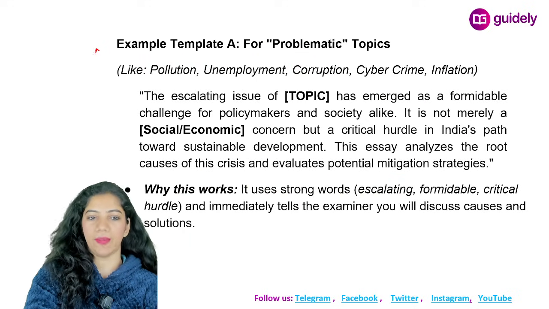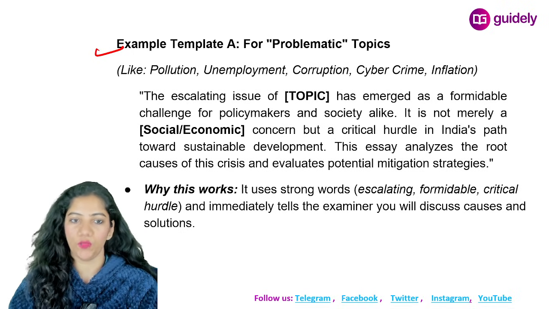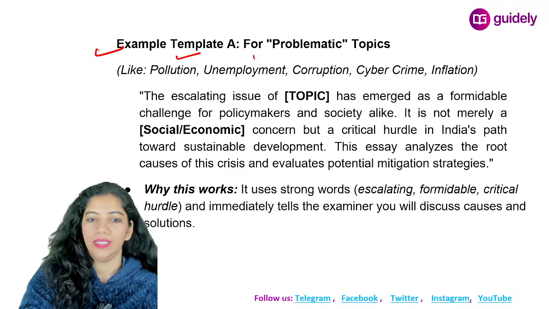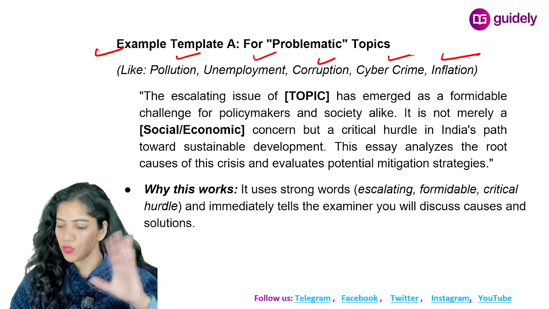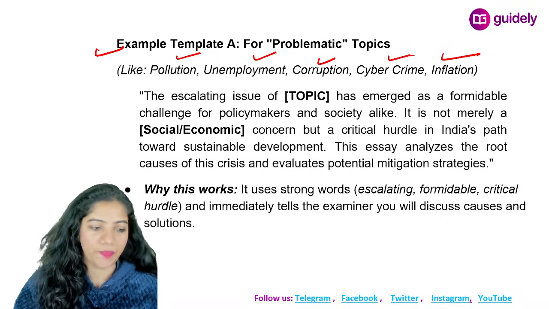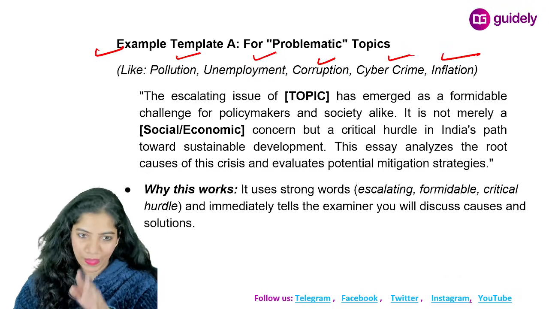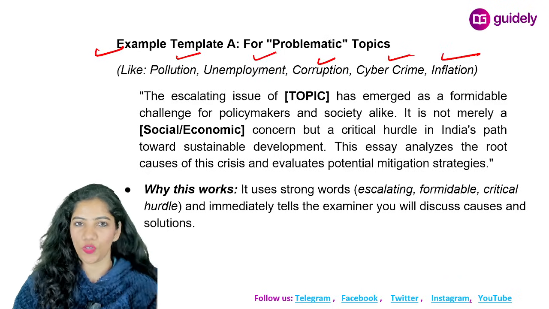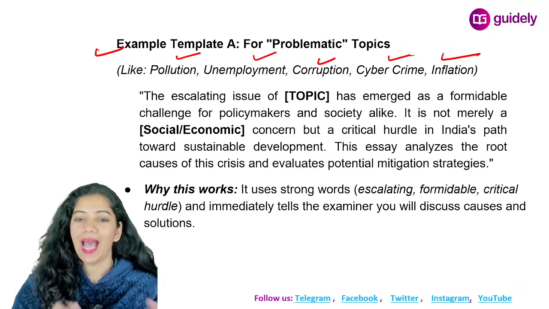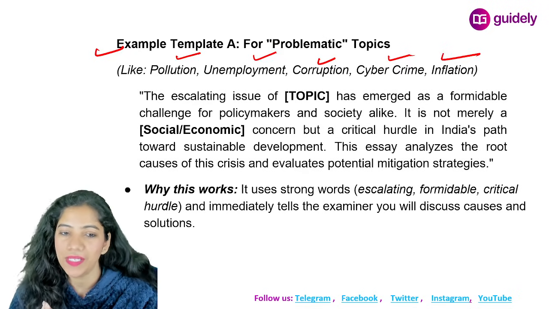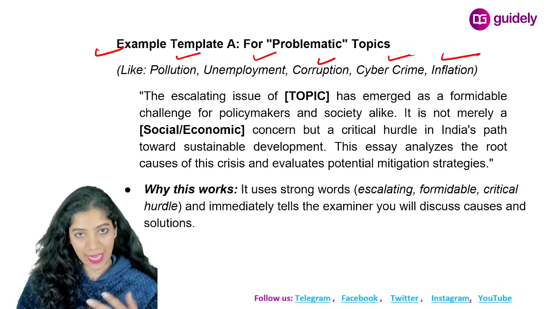See the example. We have a template for a problematic topic, for example pollution, unemployment, corruption, cybercrime, inflation. These are all problems, we all agree, right? So look at this ready to use template. The escalating issue of pollution, the escalating issue of unemployment has emerged as a formidable challenge for policymakers and societies alike.